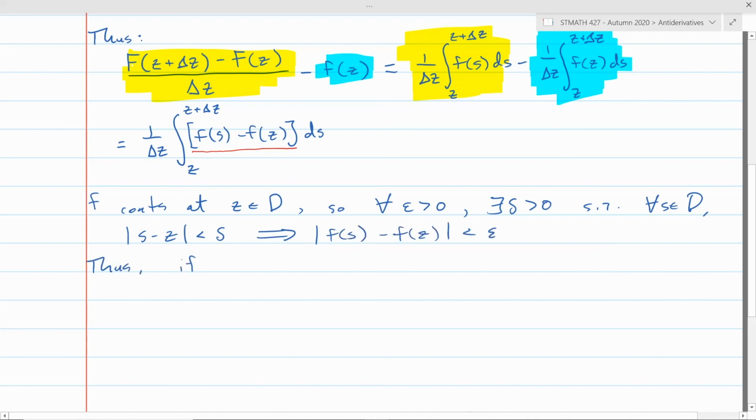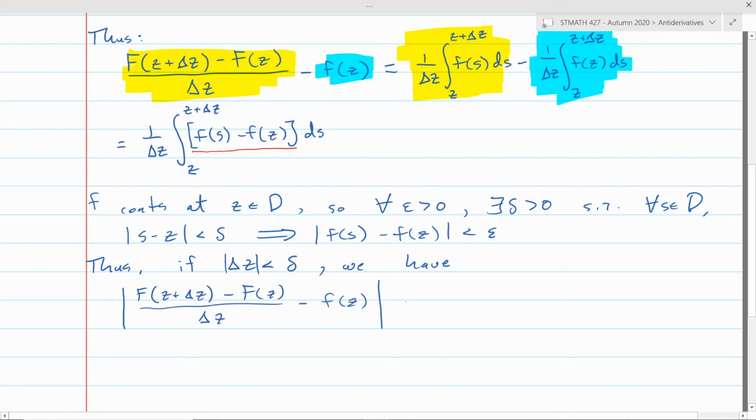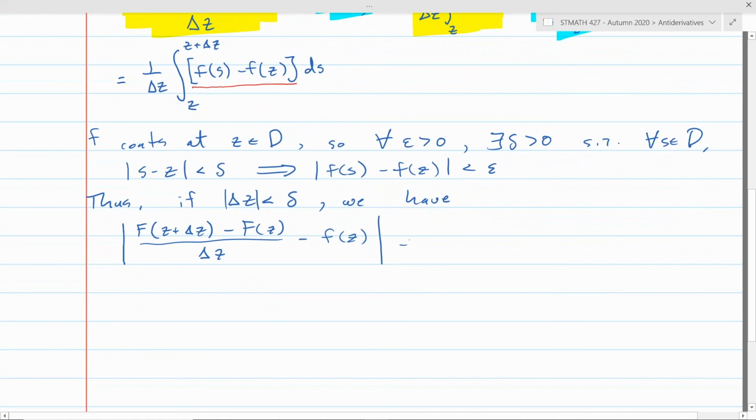Thus, if we have our delta z less than delta in modulus, we have that the modulus of big F of z plus delta z minus big F of z all over delta z, minus little f of z, which we know is the same as the modulus of this integral, 1 over delta z, integral z to z plus delta z of f of s minus f of z ds, all that in modulus.